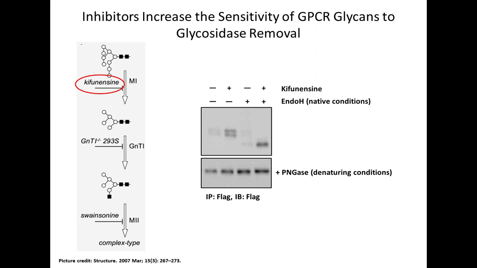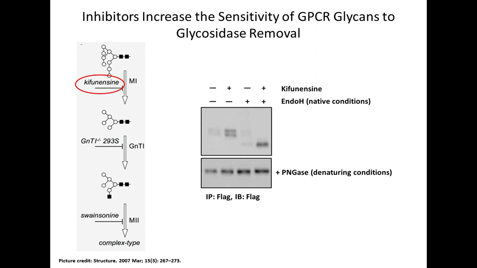Another nice thing about using these restricted glycosylation, either from GnTI minus lines or from the pharmacologically treated ones, is that the glycans become much more sensitive to deglycosidases.